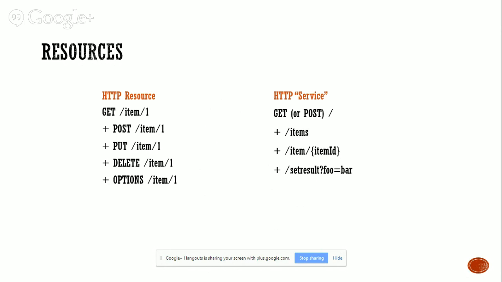So the notion of a resource is, say you have an /item/1, and that defines some thing. A get, that thing should give you the thing. A post should do something against that thing. It's not necessarily defined what that's going to be, but that means something is going to happen. And it will change state.